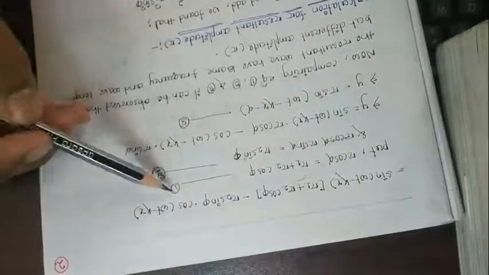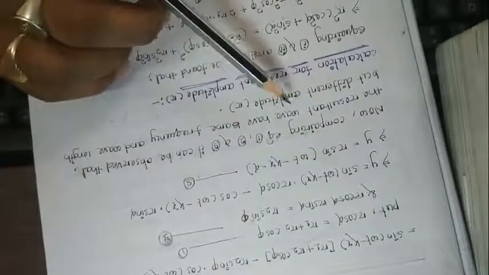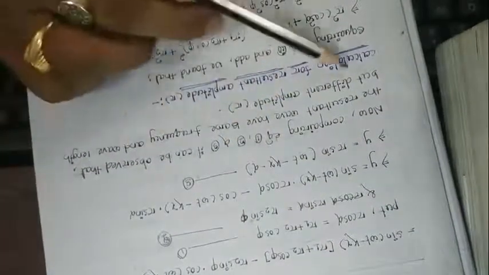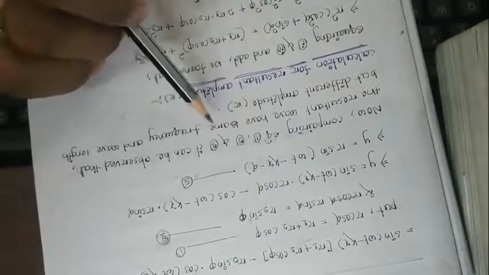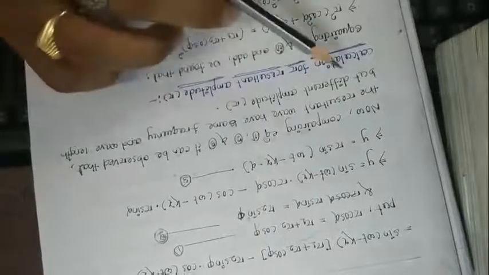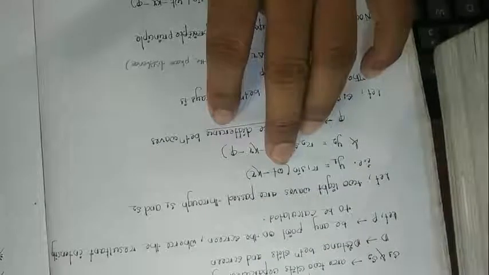So from equations 1, 2 and 3, it can be observed that the resultant wave has the same frequency and same wavelength but different amplitude. Initially we have the two equations, omega t minus kx and omega t minus kx minus phi. Here omega means 2 pi by T and k means 2 pi by lambda.